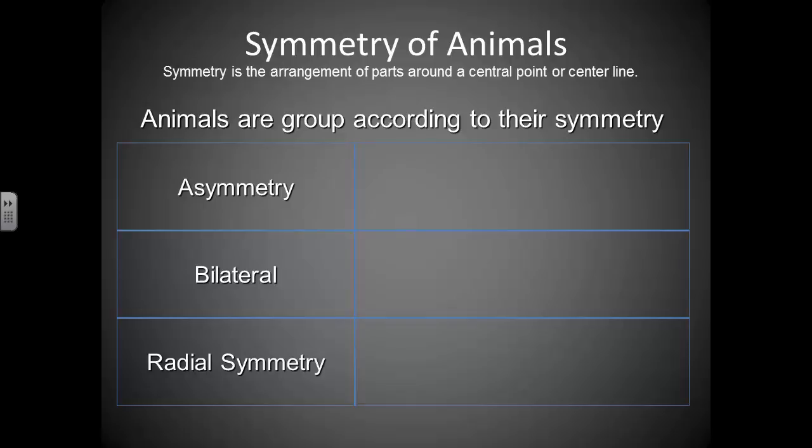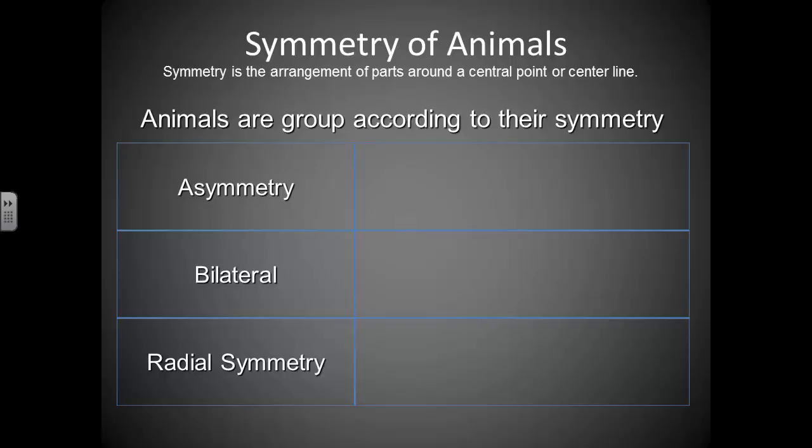Symmetry is about the organization of a living thing. How are its body parts arranged? Are they arranged with two equal halves? Are they arranged in a circular pattern, or arranged randomly? We have three terms that we use when we're talking about symmetry: asymmetry, bilateral, or radial symmetry.